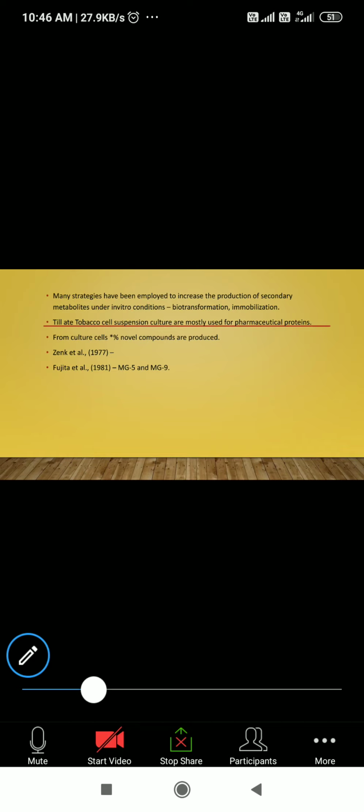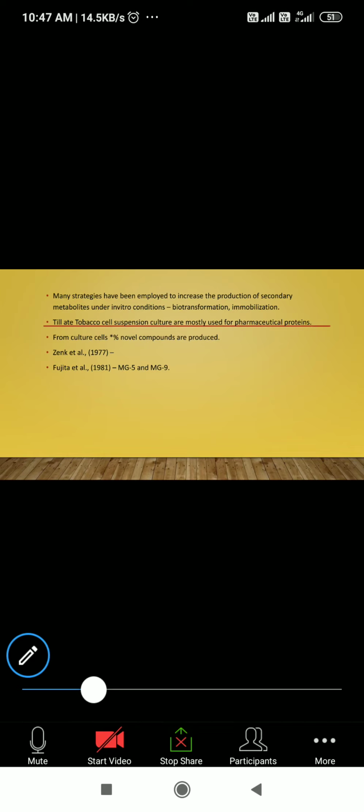But again, he observed that shikonin production was maximum in White's media, 1954. So again, he observed that two different media are involved: in the first medium the cells grow at a faster rate, and in the second medium we have higher production of secondary metabolites.